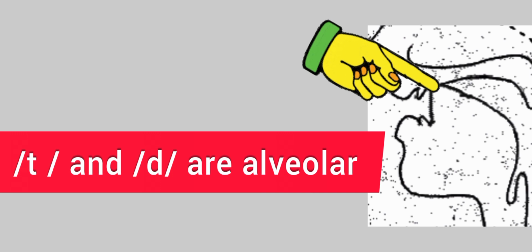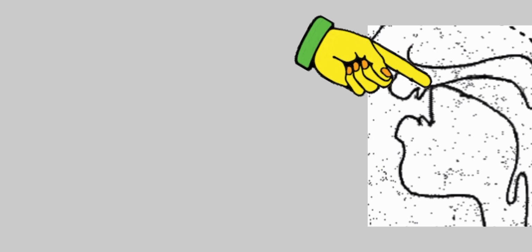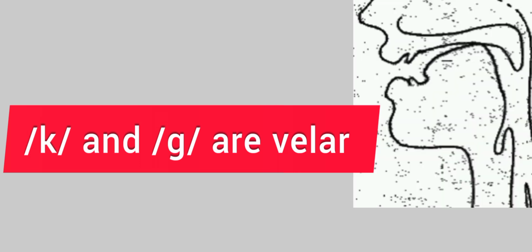Ta, da are alveolar, that is, the tip of the tongue and alveolar ridge are used to make the sounds. And ka, ga are velar, that is, the back of the tongue and velum are used to make the sounds.